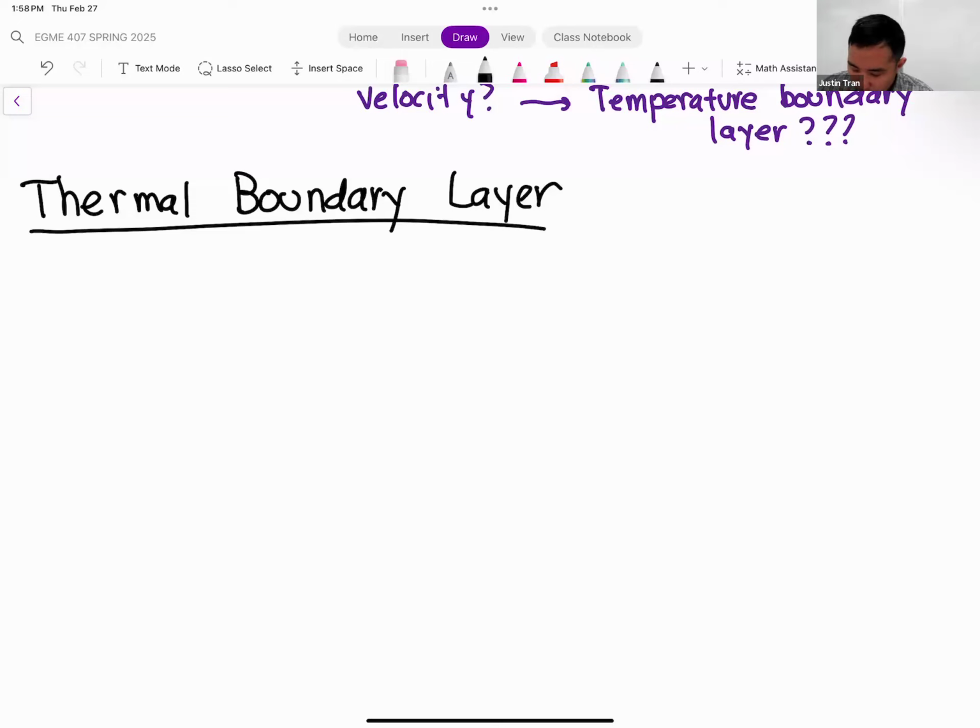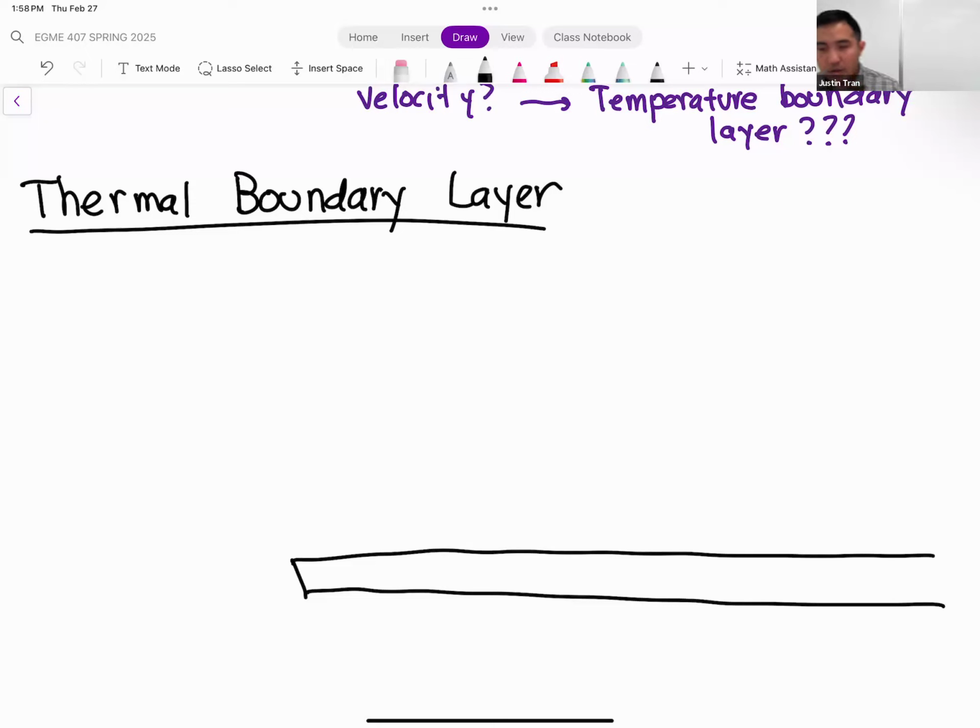Okay, so let me go ahead and draw the exact same thing that we had before. Okay. So let's say that we have a surface here. Our surface is of a certain temperature, Ts, okay? And so Ts here is going to basically take the place of our no-slip boundary condition. So Ts here is going to be the condition at the surface, okay?